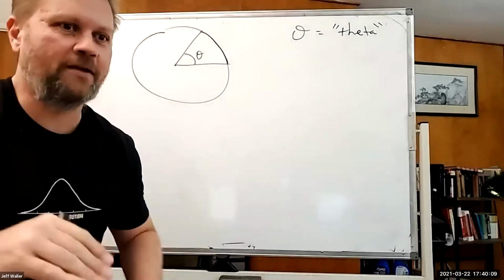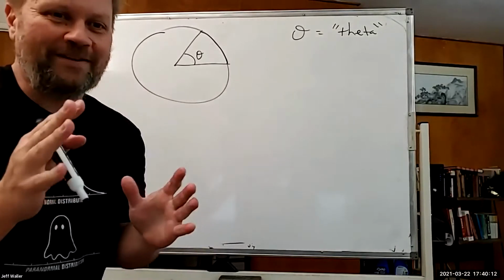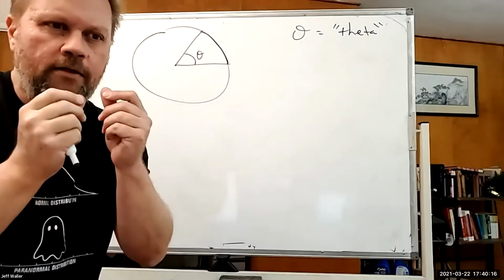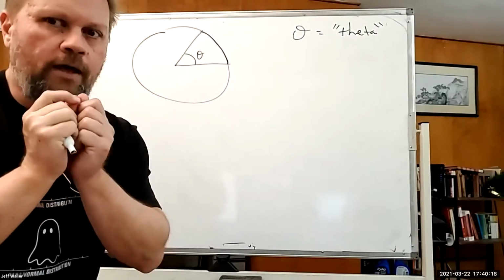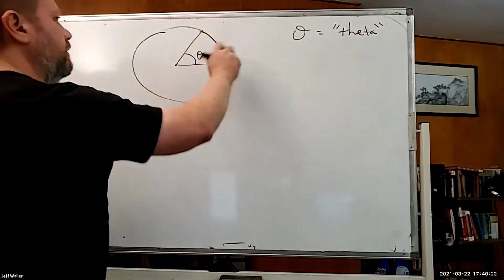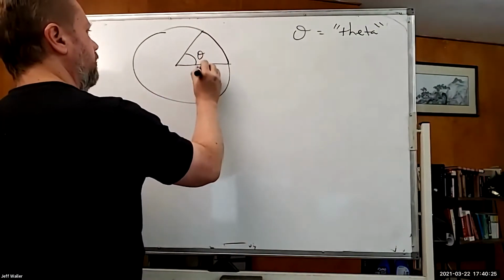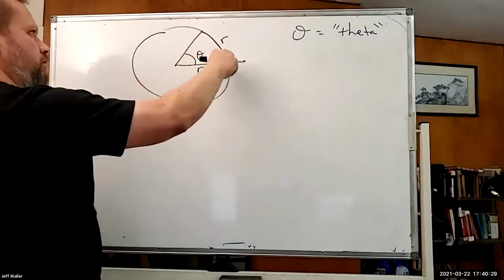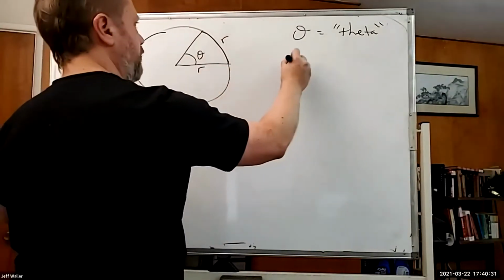Right? Nobody gets that? Okay. The Greek letter theta is one of the main symbols for angles, but it's definitely not the only one. So this angle, if I put 1 radius curved onto the circle, this angle would be 1 radian.